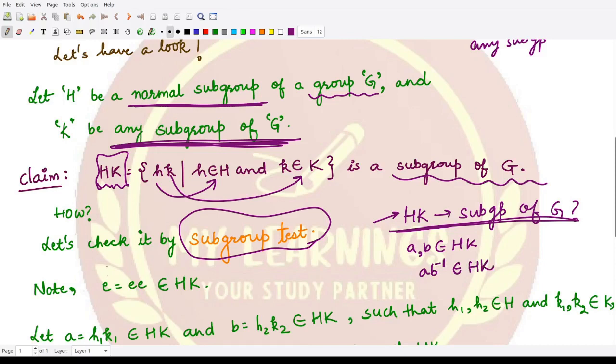So let's take the identity. Obviously it is a member of HK, because e is present in H and e is present in K, because K is a subgroup and H is a normal subgroup. Therefore, ee, which is nothing but e, is also present in HK. So one part is done.